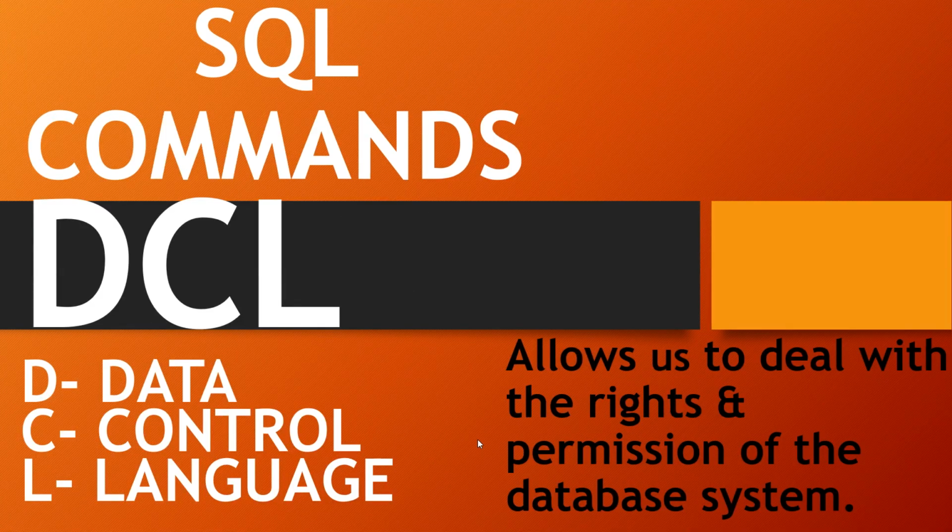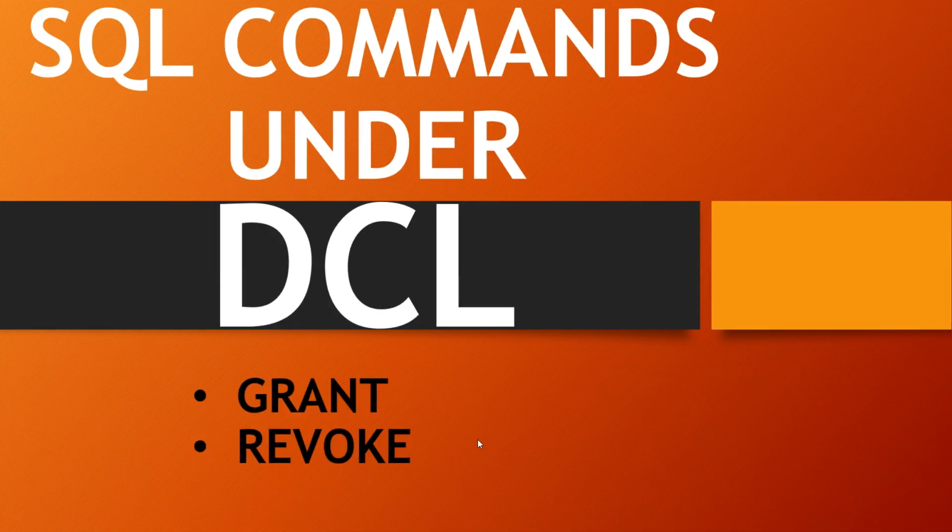Coming up next is Data Control Language. As the word control itself makes clear, this is helpful in giving rights and permissions. That means if you wish to give authority to a particular person, for example, if you're working in a company, naturally the database is not accessed by every person working in the company. हम हर किसी को ये permission नहीं देते हैं because of security reasons.